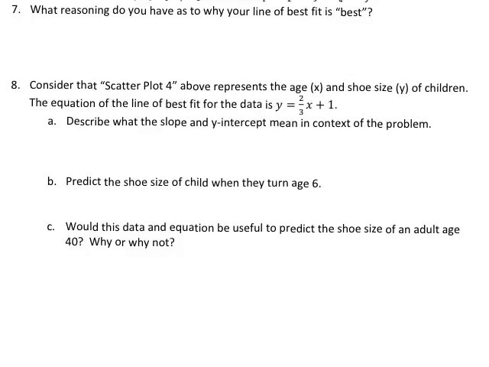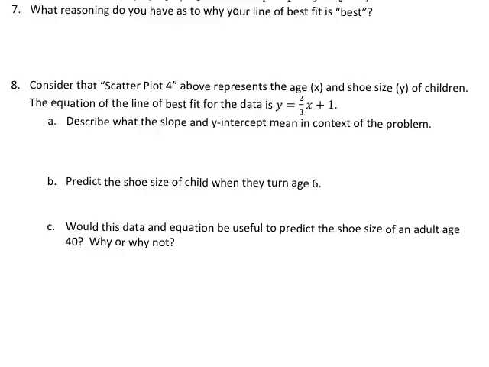So let's describe it in terms of age and shoe size. I'll start it, you guys finish it. For every year a child grows, how would I finish that? Based on shoe size and based on the slope of 2/3. So for every year older a child gets, what happens?